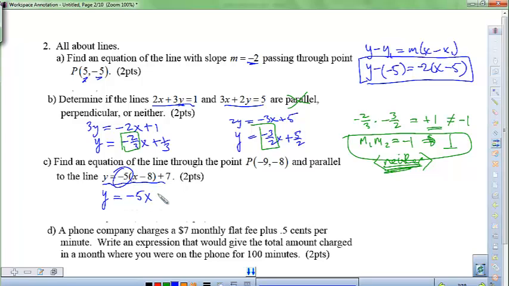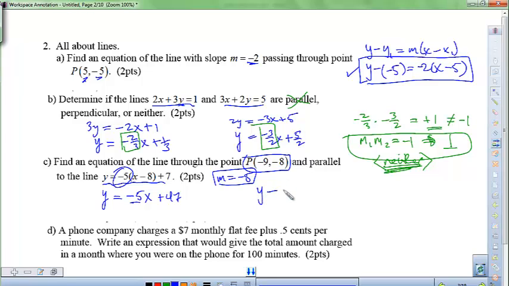You get -5x plus 40 plus 7. So now it looks like it's in y equals mx plus b form, and then you can clearly see that -5 is the slope. So going with this slope and this point, we just use the same equation that we did in the first problem.